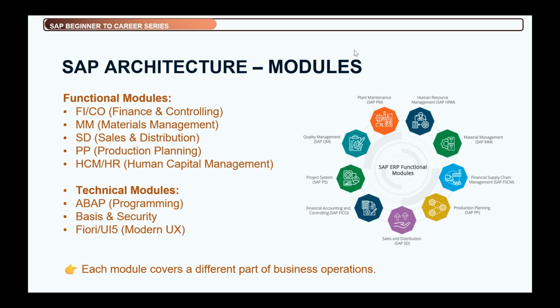Then HCM, HR. Now this has been upgraded to the SuccessFactors module after the S/4HANA invention. So all the human resources related activities, employee onboarding, employee offboarding, new recruitment, CV screening, employee payroll management, all these HR related, human resources related activities are managed by the SuccessFactors HCM module in the SAP system.